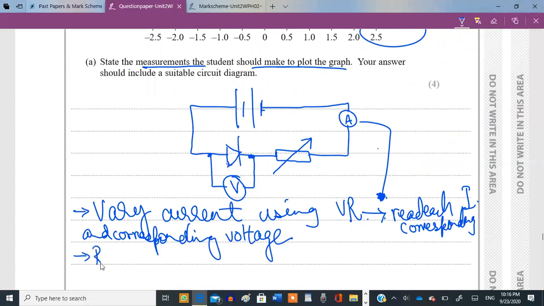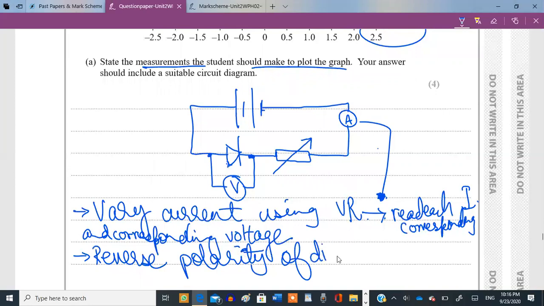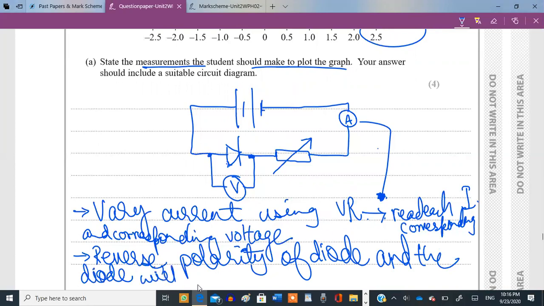Then reverse the polarity of the diode, and the diode will have maximum resistance because it would be in the reverse bias direction.